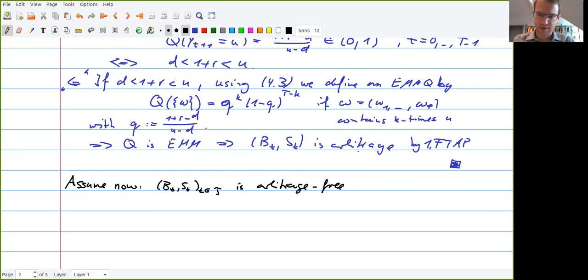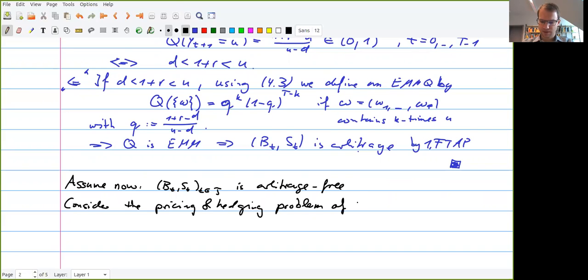Because this is then the realistic model for a financial market. And now consider the pricing and hedging problem of a European option.